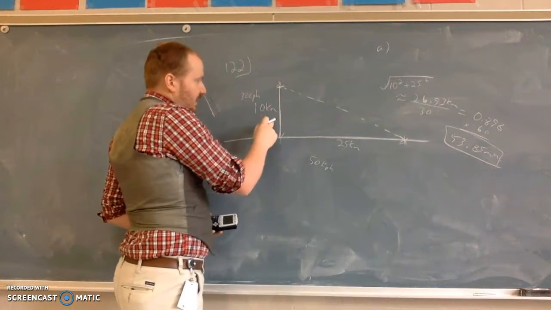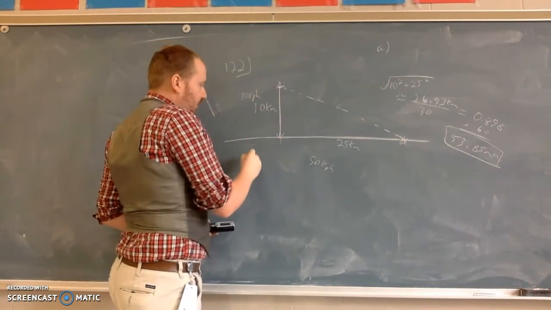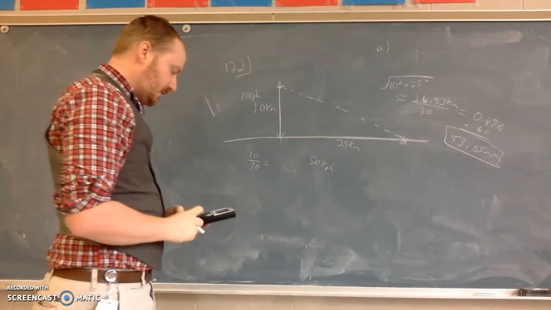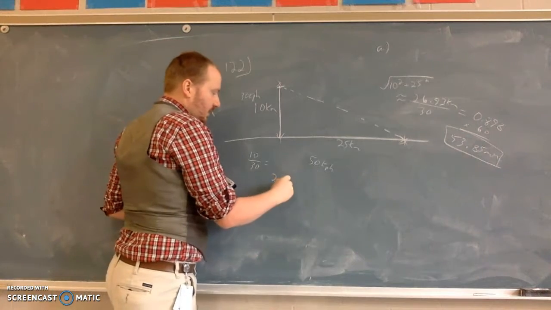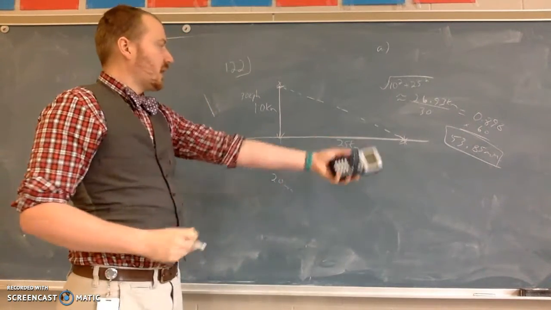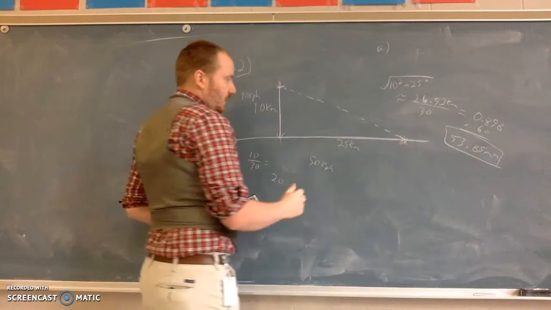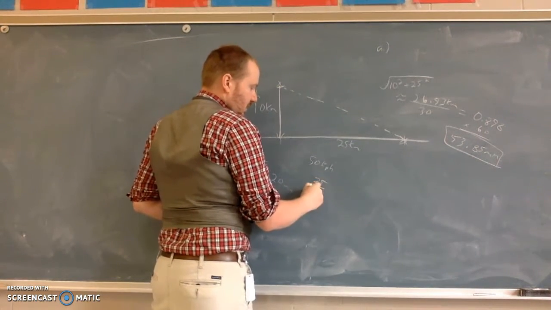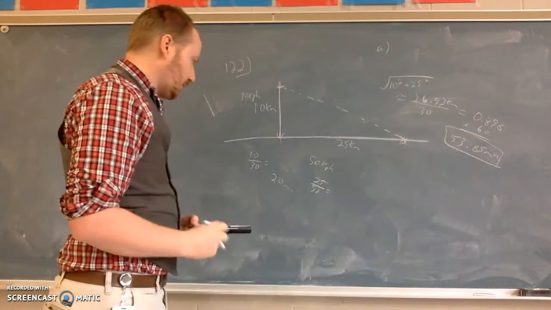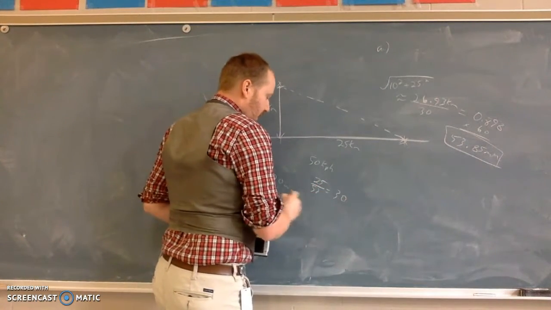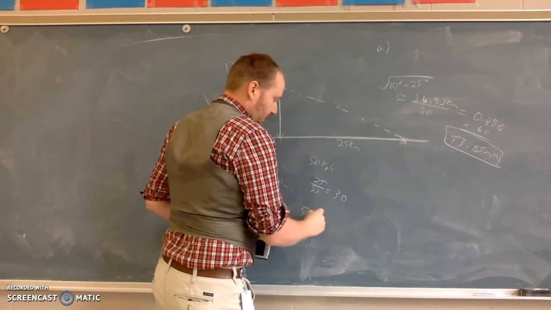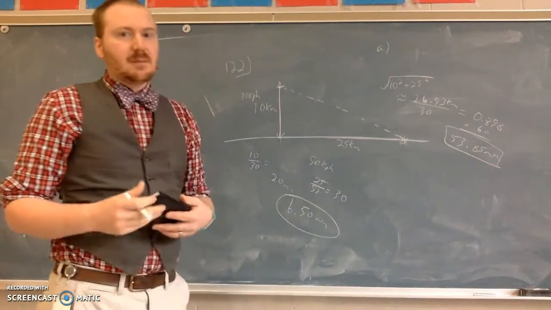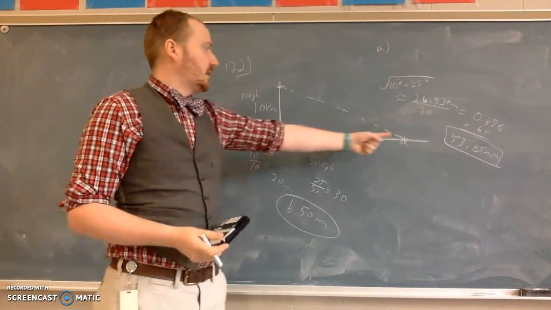Well, if Alex takes that route from here to here, it's 10 kilometers at 30 kilometers per hour, which is a third of an hour, which we should know is 20 minutes. 25 kilometers at 50 kilometers per hour would be half of an hour, or 30 minutes. 30 and 20 gives us 50 minutes. Right, so Alex could take 50 minutes if Alex goes straight down to the road and then travels along the road.